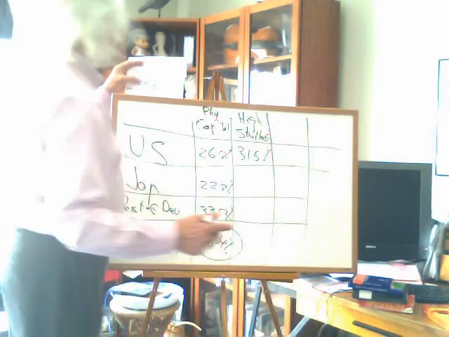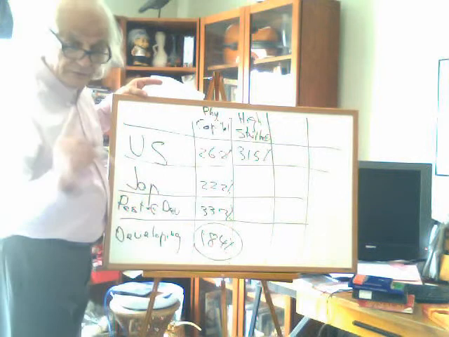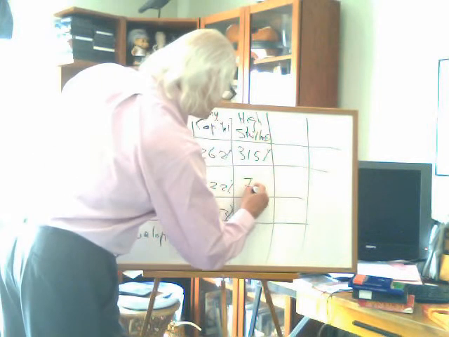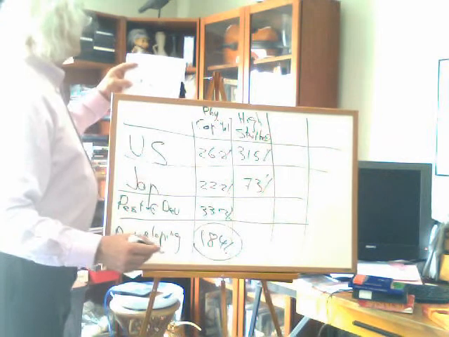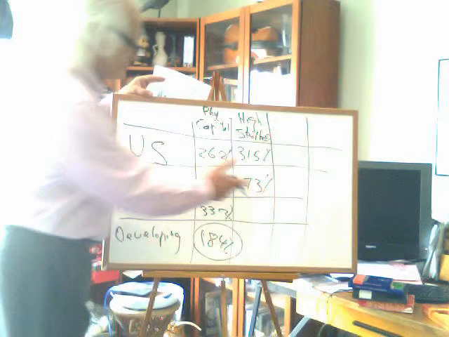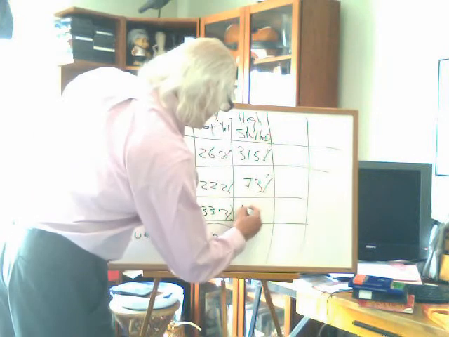The Japanese, because they are a much smaller society, and believe it or not, they're not as highly skilled, are only 7.3%. The rest of the world, which is essentially Europe once we exclude the United States and Japan, will be at 17.9%.